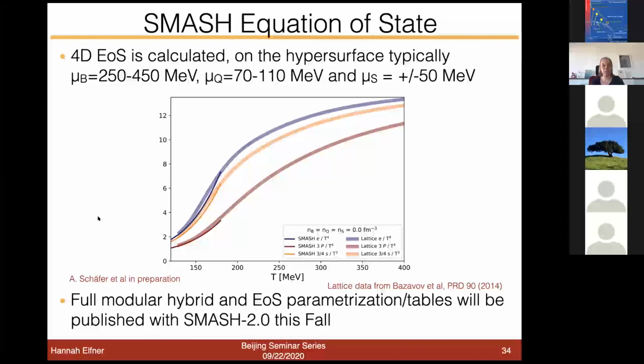I'm showing here the full lines, which are our equation of state results compared to the lattice data. In the low temperature region, where it should be similar, they are more or less similar.